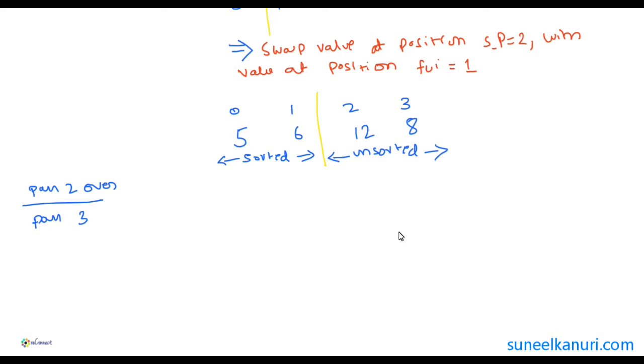Alright, so writing the array again: 0, 1, 2, 3, 8, 5, 6, 12, and 8.